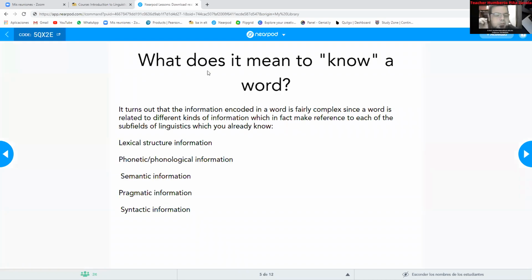So what does it mean to know a word? Turns out that the information encoded in a word is fairly complex, since a word is related to different kinds of information.